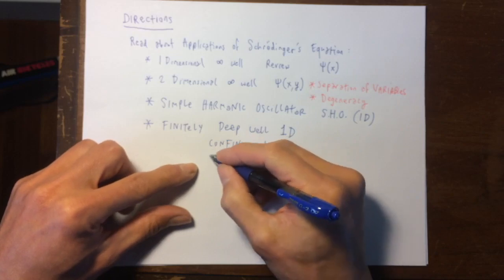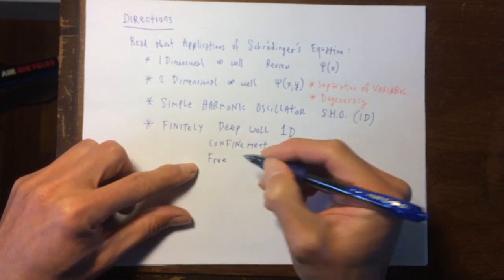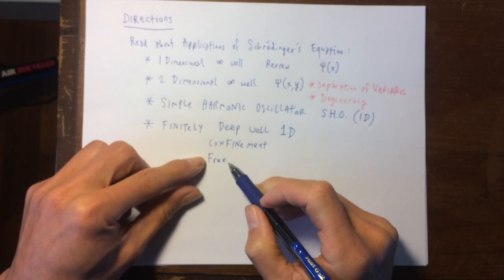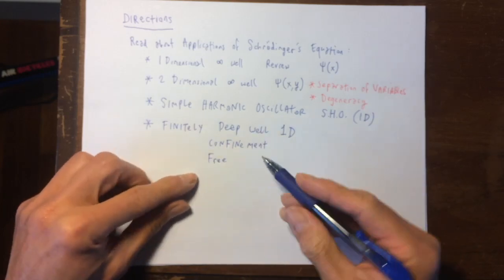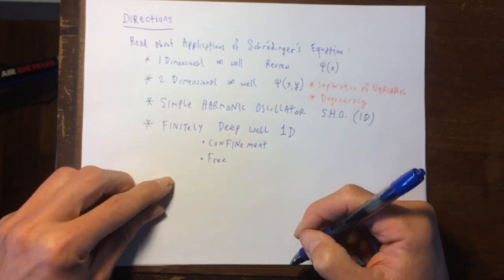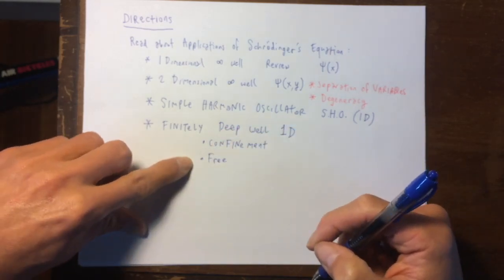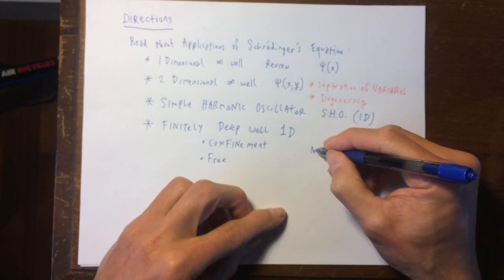But there's also free versions as well, where a particle does have enough energy to get out and stay out of the well. So this has both types of solutions. It's a pretty neat situation.